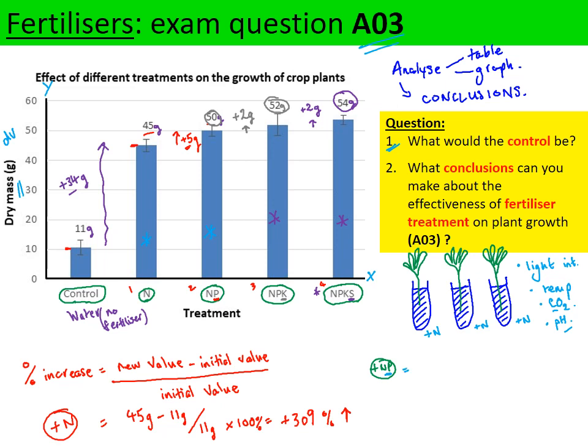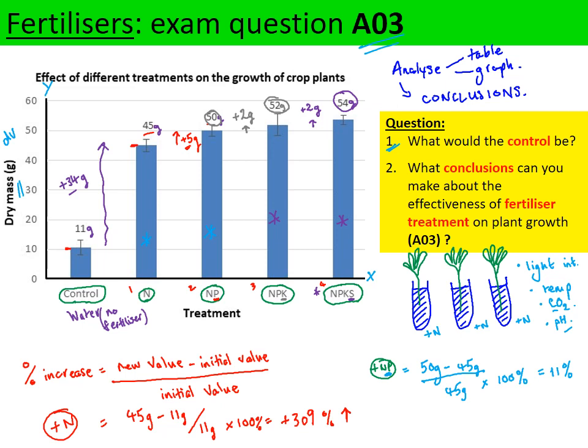The new value is 50 grams for N and P, minus 45 grams that we had just for N, divided by 45 grams times 100%. And that will give us a value of, if we just work that out quickly, 11% increase. So the effect of just phosphorus on its own gives us an 11% increase in dry mass.